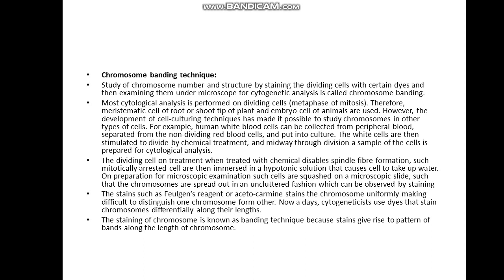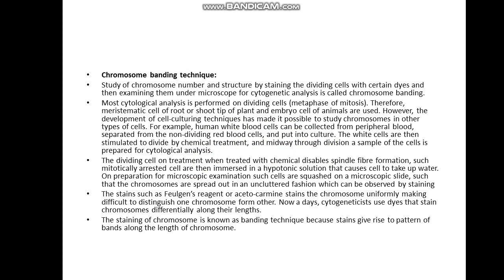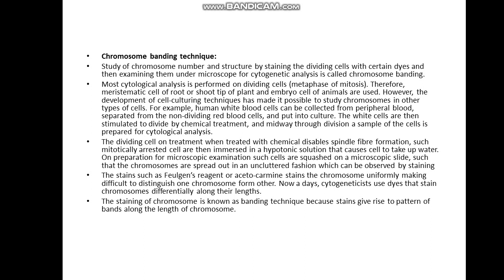The dividing cells, on treatment with the chemical, have spindle fiber formation disabled. Spindle fibers are made of tubulin, a particular type of protein. Thereby the cells are arrested mitotically, and then immersed in hypotonic solution, which causes the cells to take up water.